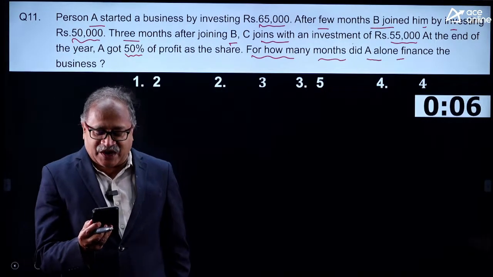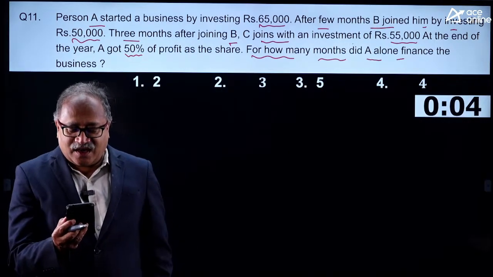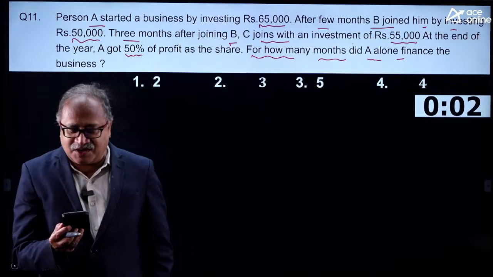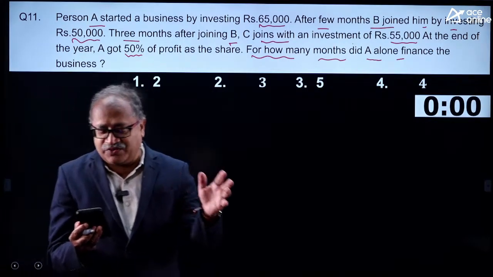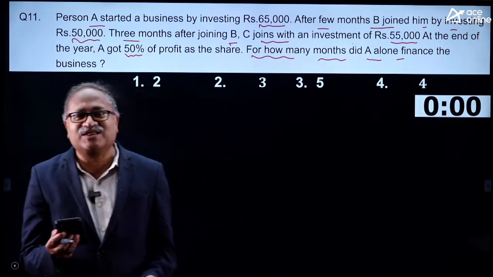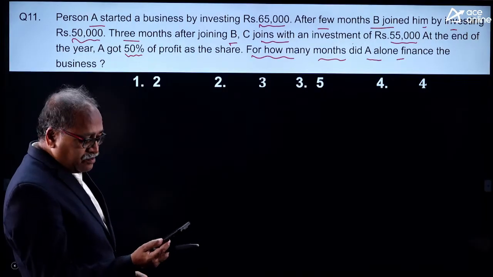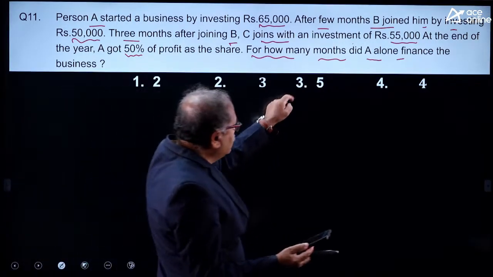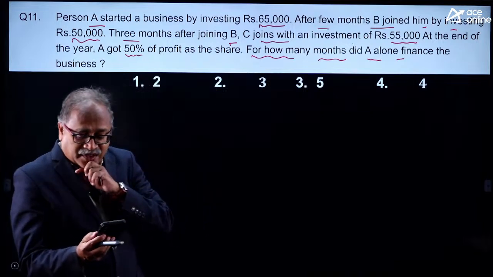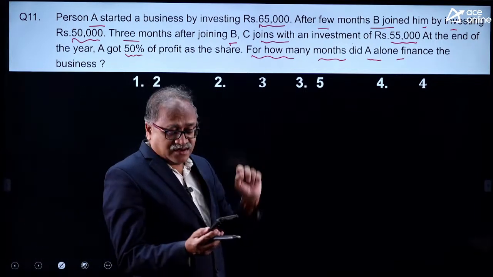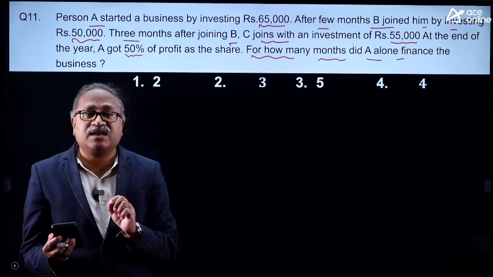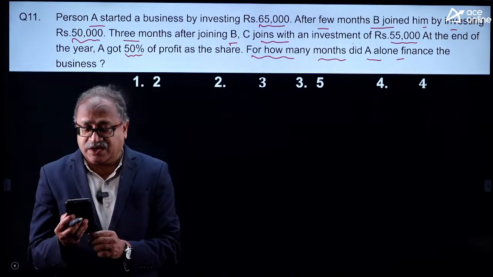Look at this, Pandu has defeated. Pandu has said 3, and the big fight is going on between Pandu and Sheikh Abdullah. Sheikh Abdullah says 5. That means one has given the option 3, I think. The other one has put the answer as 5. I do not know which one is correct.